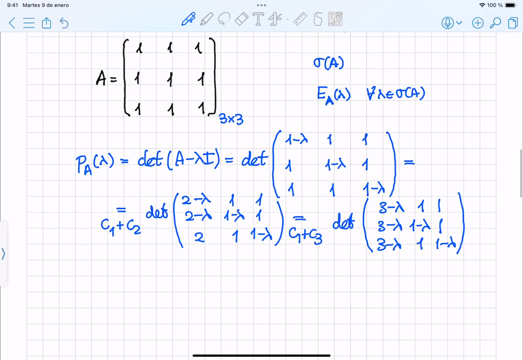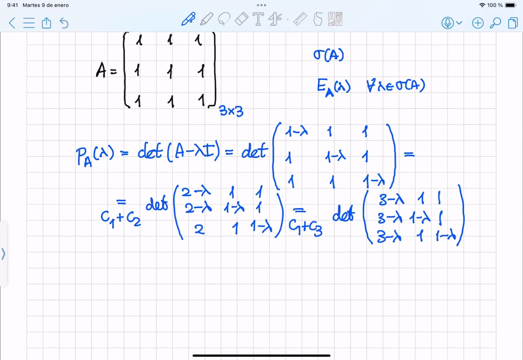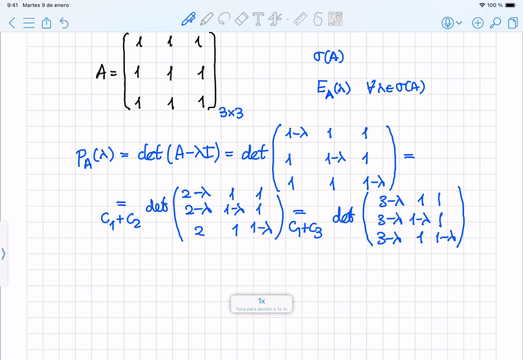This trick is very useful sometimes, and it says that if you are just doing operations of the kind to one row, add a multiple of another row, or the same with columns, then the value of the determinant is not changing. Now the following trick is that if you have a whole column that is multiplied by the same number, in this case 3 minus lambda, you can take this 3 minus lambda out of the matrix.